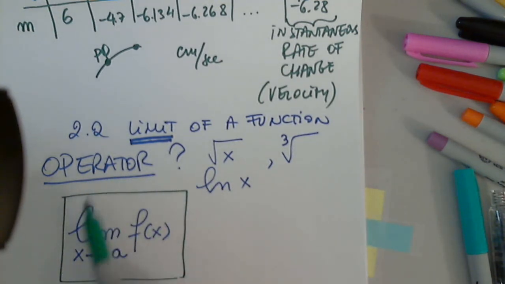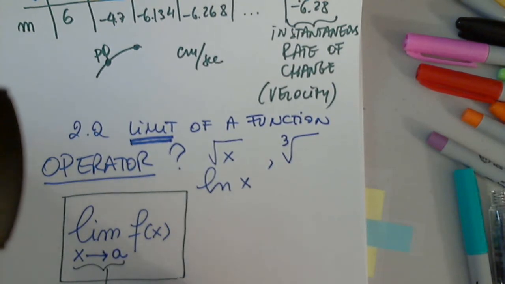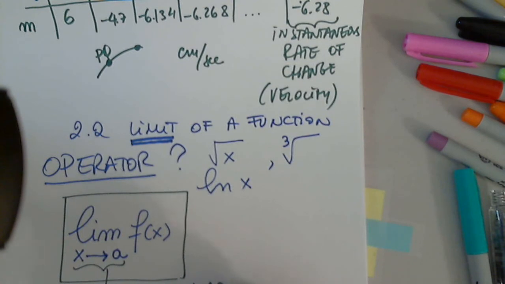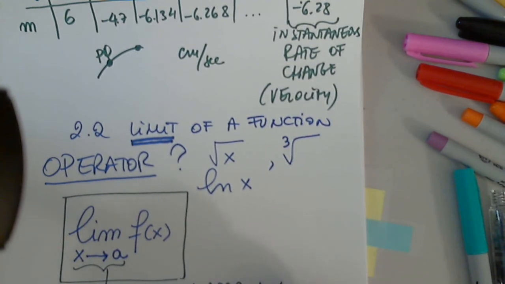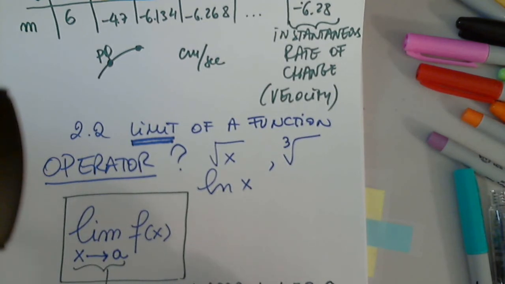So the limit, lim, is an operator. It's applied to a function. And this represents, or it's read, when x approaches a from either side.